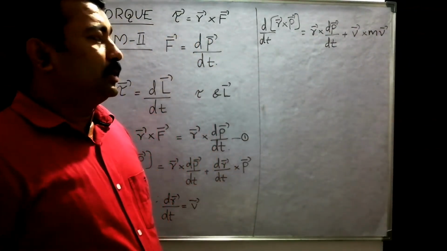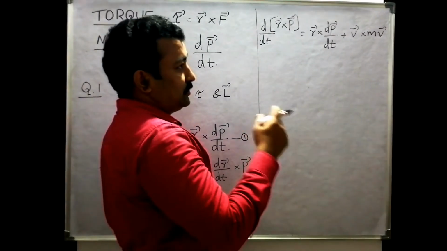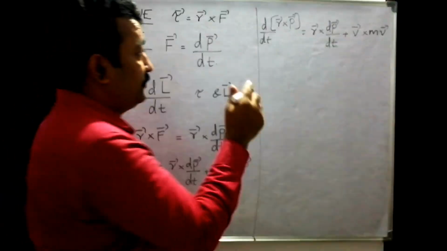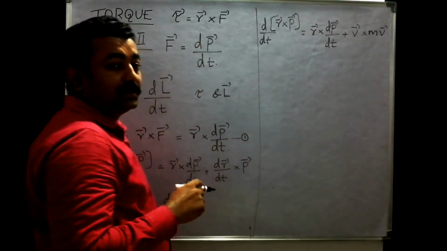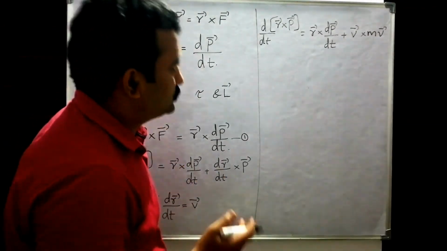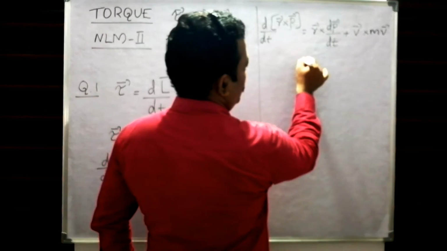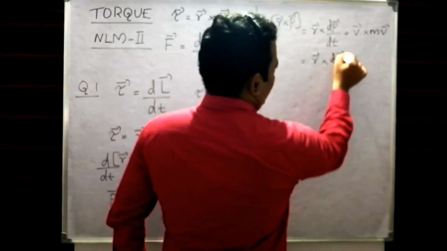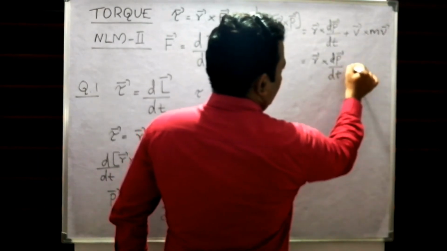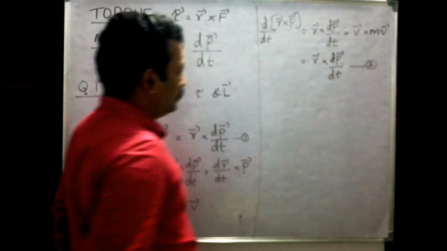V cross V. What is V cross V? We know that if a cross product is taken with its own vector, V cross V, V and V are making 0 degrees with each other, that cross product will be equal to 0. So this is equal to what? r cross dp divided by dt. That will be equation 2.